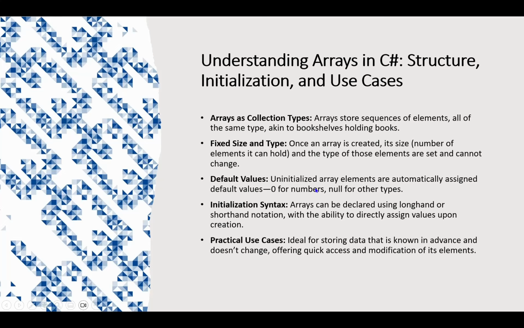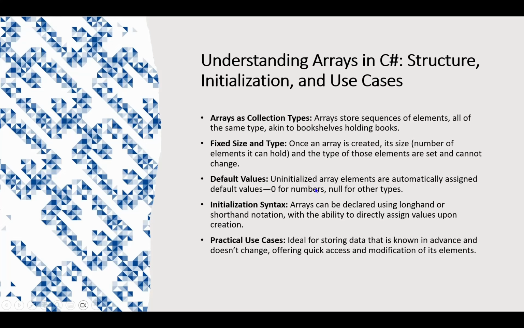Some of the key points about arrays are that all the elements or items in an array need to be of the same type, like all integers. And once you set up your shelf with a certain number of boxes, you can't add more boxes or take any away.